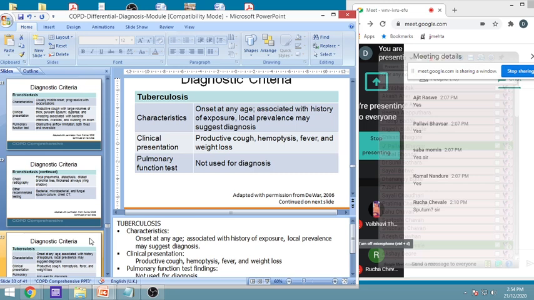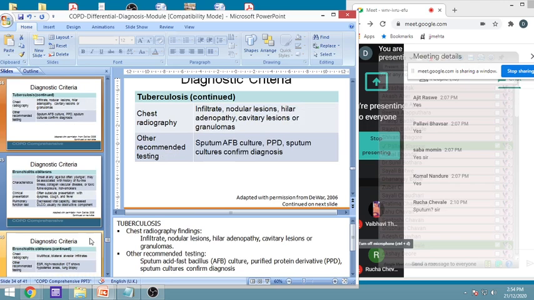We can go for antigen testing, X-rays, other testing or sputum microbiological testing, and then we can get an idea what kind of problem it is. So I told you chest radiography, then sputum antibodies, sputum culture. These are various differential diagnoses, and then we can say that yes, it is tuberculosis, or it is not.